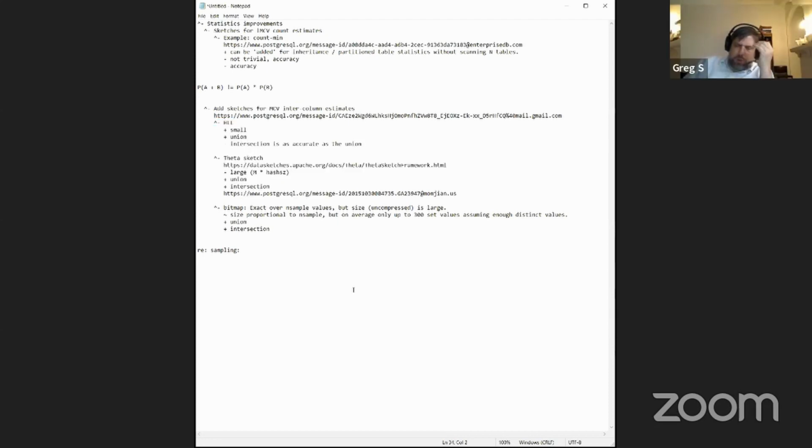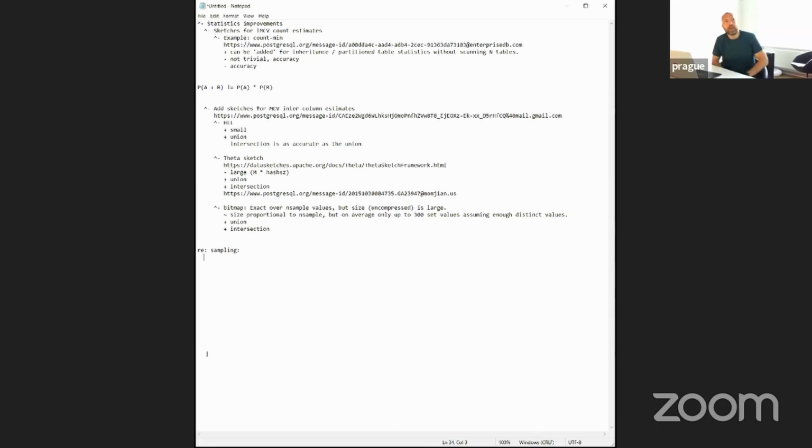I guess my question is, wouldn't you calculate the selectivity of them separately, multiply by the size and then add up your results, instead of combining the sketches? Yes, but that is in the planner. That is not in the statistics itself on the table.